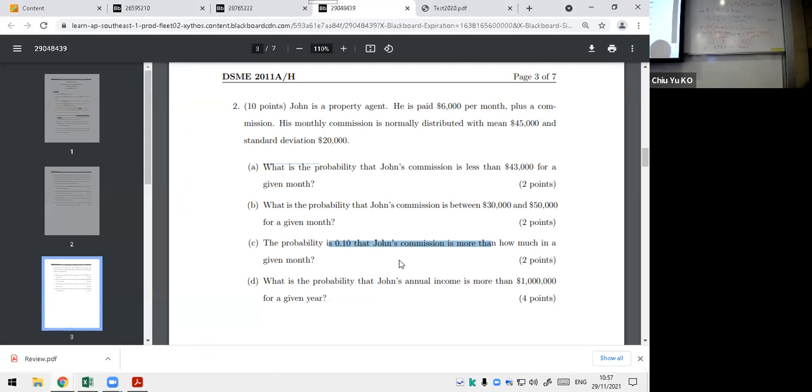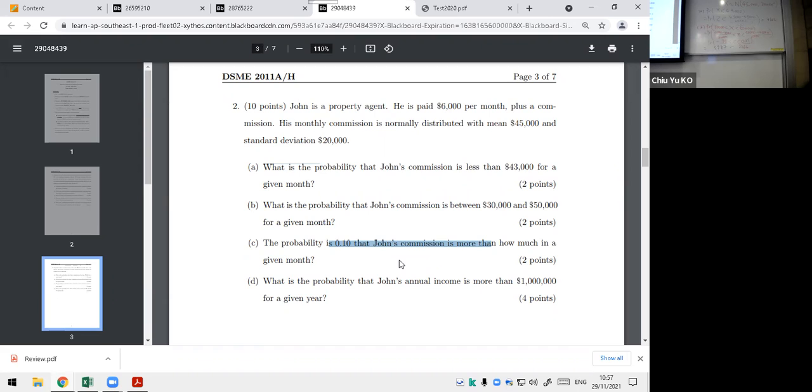So that's very simple, right? That means the probability that Z is bigger than 1.28 is 0.1, because the other side is 0.9.